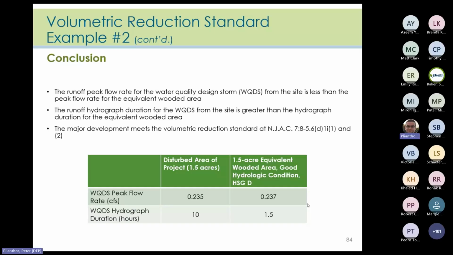And the runoff hydrograph duration for the water quality design storm, or WQDS, from the site is greater than the hydrograph duration for the equivalent wooded area. Therefore, the major development meets the volumetric reduction standard at NJAC 7:8-5.6 D1i1 and 2.